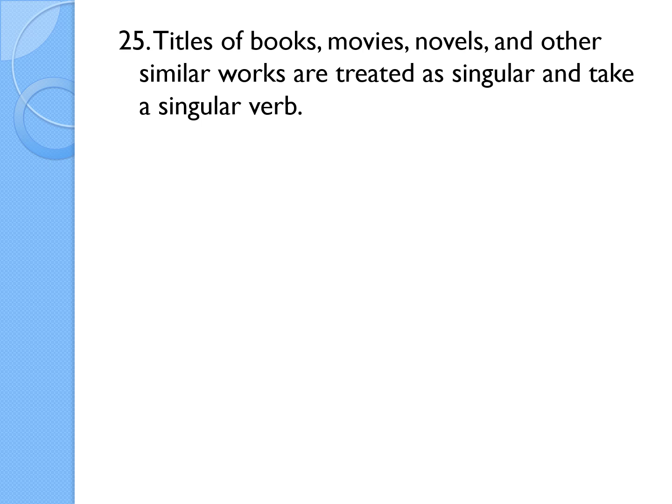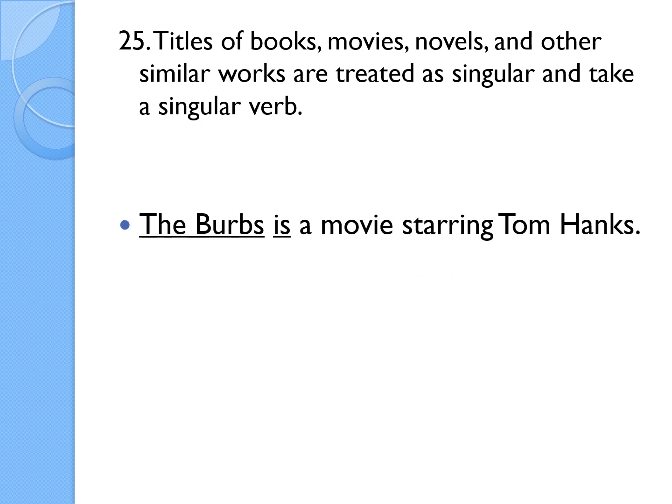Titles of books, movies, novels, and other similar works are treated as singular and take a singular verb. Example: The Burbs is a movie starring Tom Hanks. The Burbs is the title of a movie.